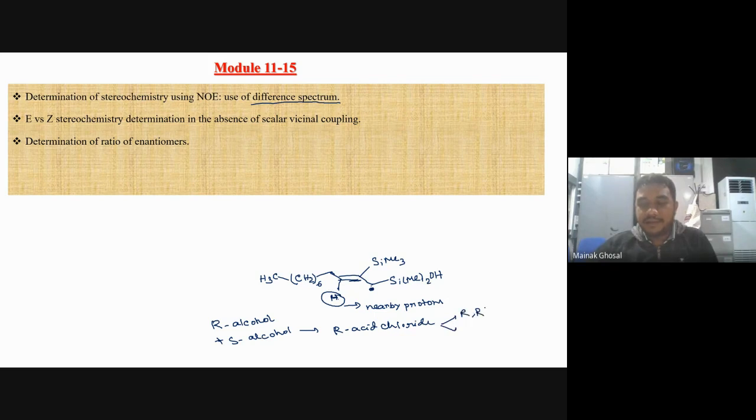Either it will be RR, because R of this acid with R of this alcohol, or it will form RS. Okay. So doing with pure R acid chloride and R alcohol, you know the peak positions of where this is coming. And in the racemic mixture, you can easily differentiate where S is coming, and you also do that using S alcohol. So from there, if you know the intensity, you can easily calculate the ratio of R and S alcohol. Okay.